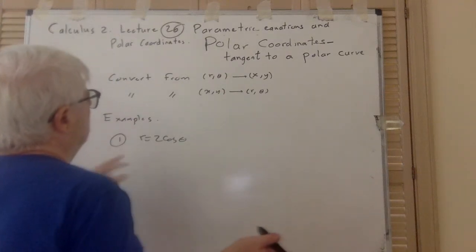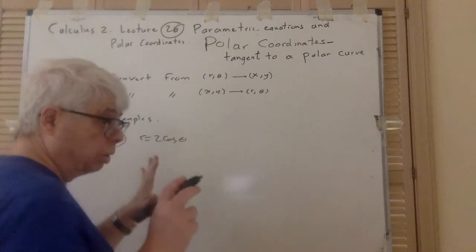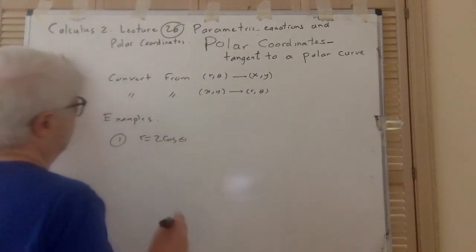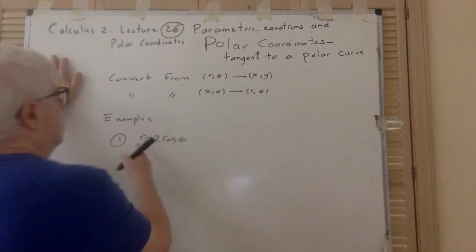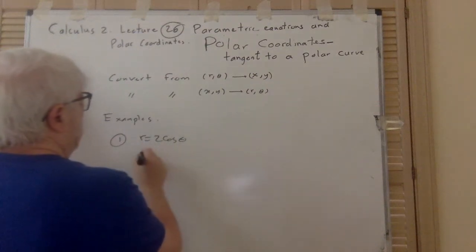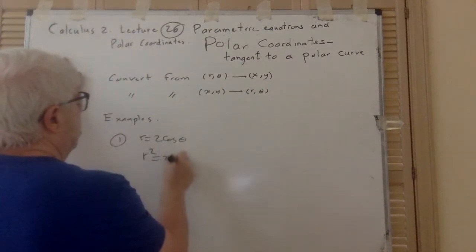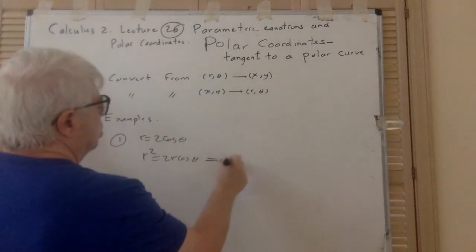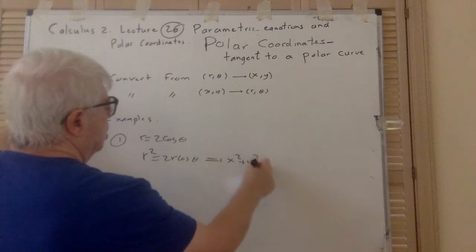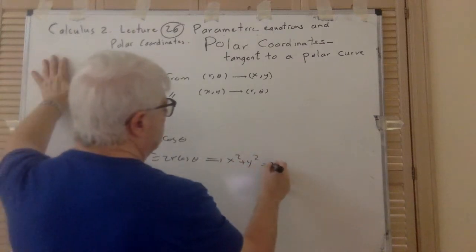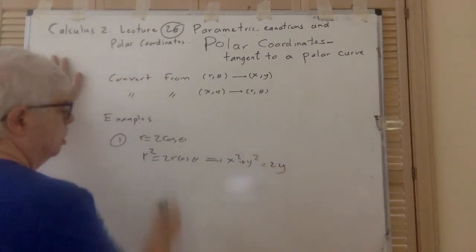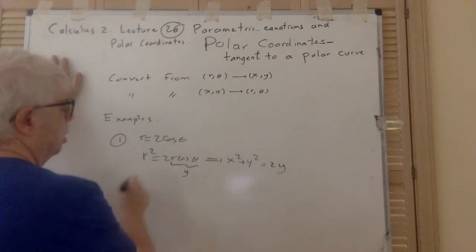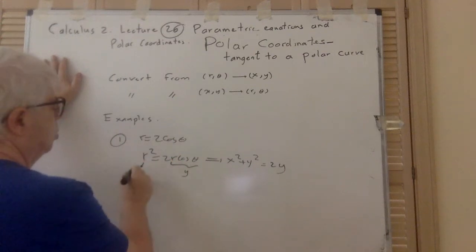In this situation, I can multiply both sides by r. It's not always like that, so don't say I said that. If I multiply by r, I will get r squared is 2r cosine theta. r squared I know is x squared plus y squared, and r cosine theta is y.